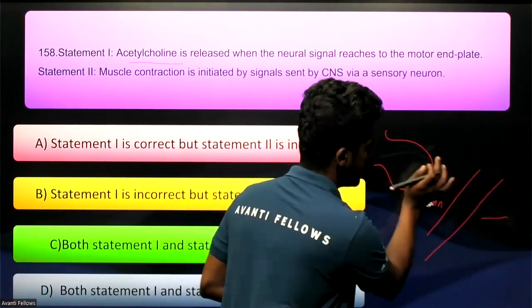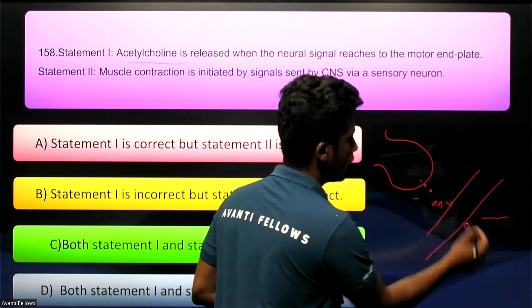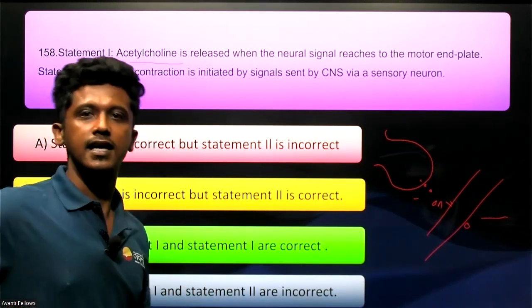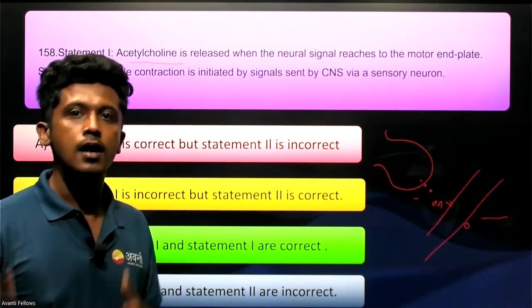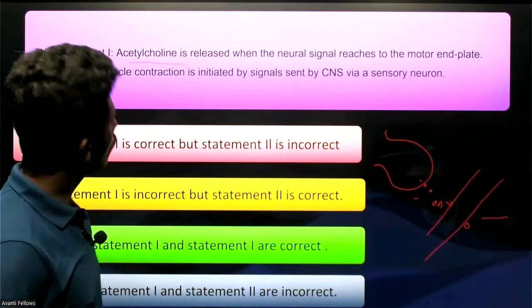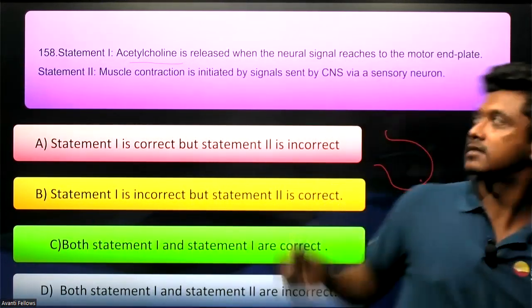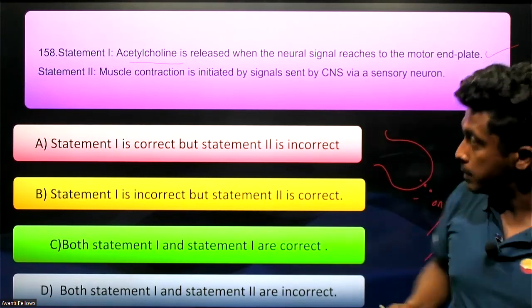These signals are received by the receptors, and then they interact with the primary and secondary messengers that lead to muscle contraction. So acetylcholine is released when the neural signal reaches the motor end plate. This is absolutely right.